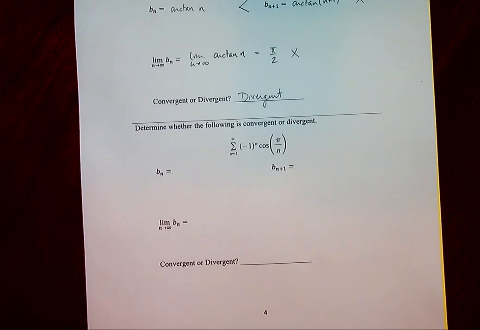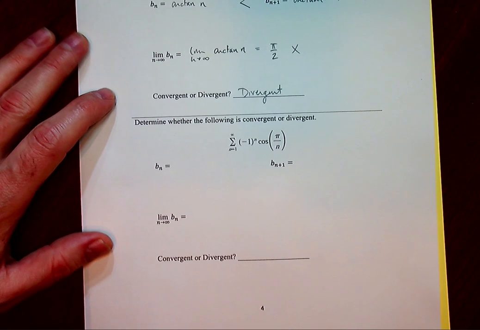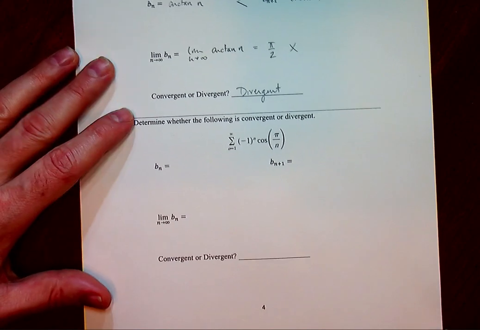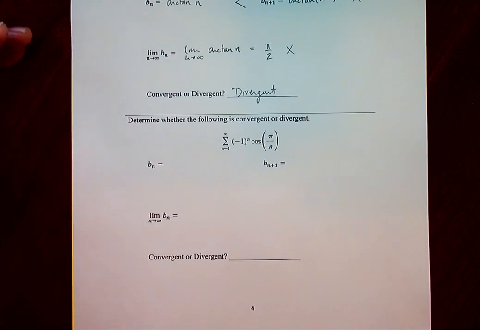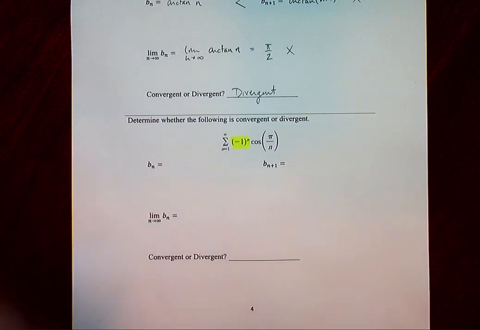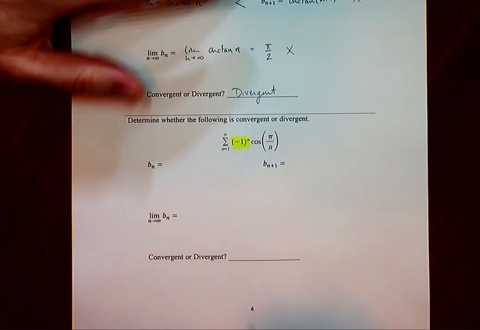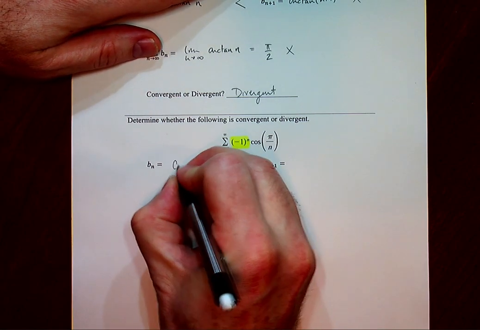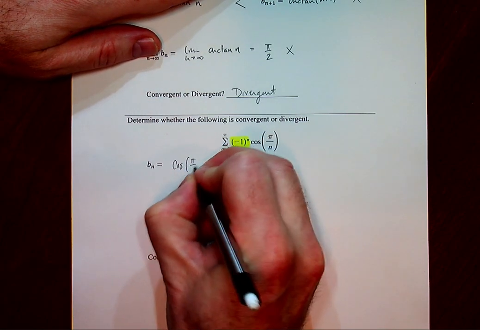Now, this one winds up being a little confusing because sometimes when we have something squirrely like pi over n in the angle measurement expression, we sometimes kind of have a little hiccup, right? So let's just talk about it. Okay, now our b sub n is cosine of pi over n.